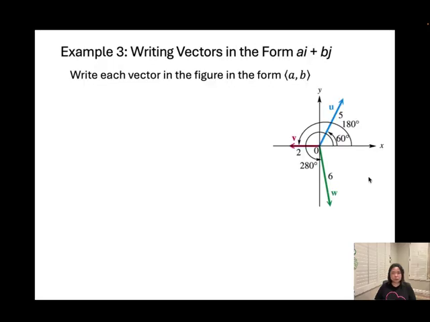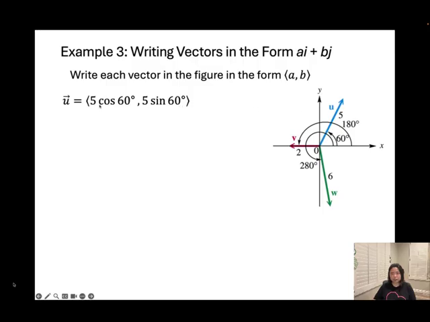Example 3. Write each vector in the figure in the form ⟨a, b⟩. Let's find u. You're going to see u has a magnitude of 5, and we have the angle of 60 degrees. So plug it in: magnitude of u cosine theta, and magnitude of u sine theta.